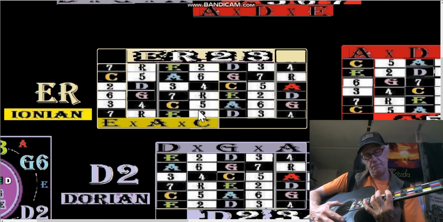Now if we wanted to play pentatonic, it's a little more difficult, but pentatonic in the long form is root 2, 3, 5, 6.